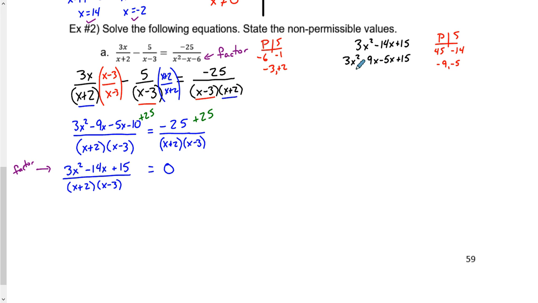Split it down the middle, factor from the first two, 3x, and an x subtract 3, negative 5 out of the next two, and we'd be left with an x subtract 3. And of course, if I wanted to write it again, I can factor out that x subtract 3, and I'd be left with a 3x subtract 5. So this entire numerator factors as an x subtract 3 and a 3x subtract 5.